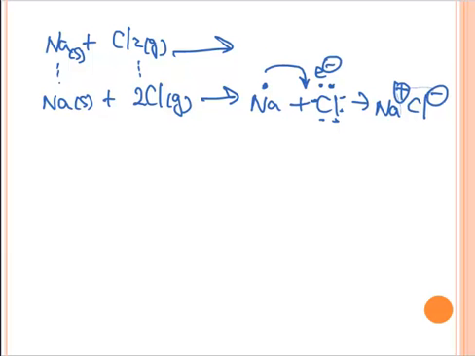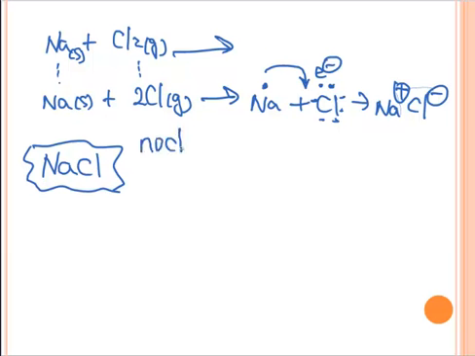This is the simplest form of the formula unit. So the formula unit for table salt will be NaCl. NaCl. First thing you notice: no charge is ever indicated on the formula unit. No charge shown on the formula unit.